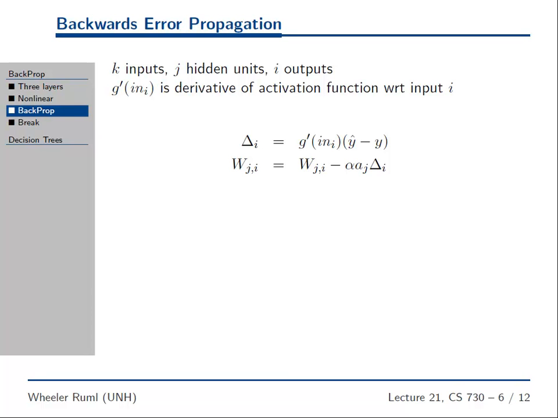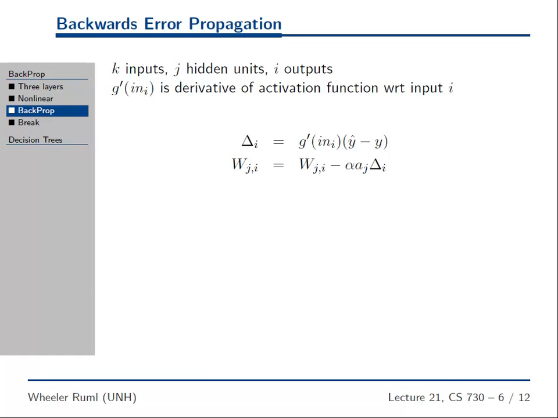Here's the error that we see. This is the derivative of the activation function. So this is the same, this is just analogous. On the previous slide, we had the error times x1, and x1 was the derivative with respect to x1. So this is the derivative with respect to input i.